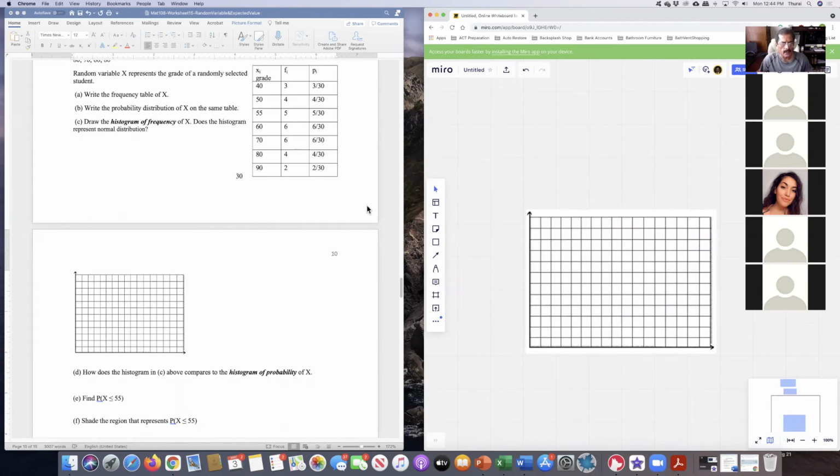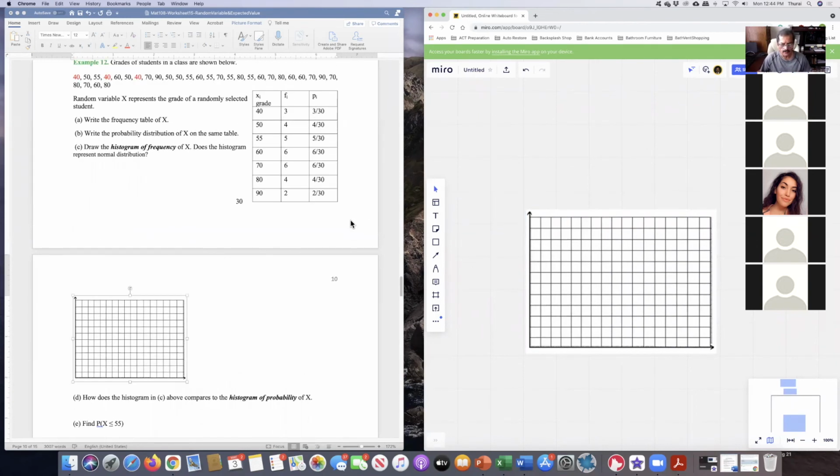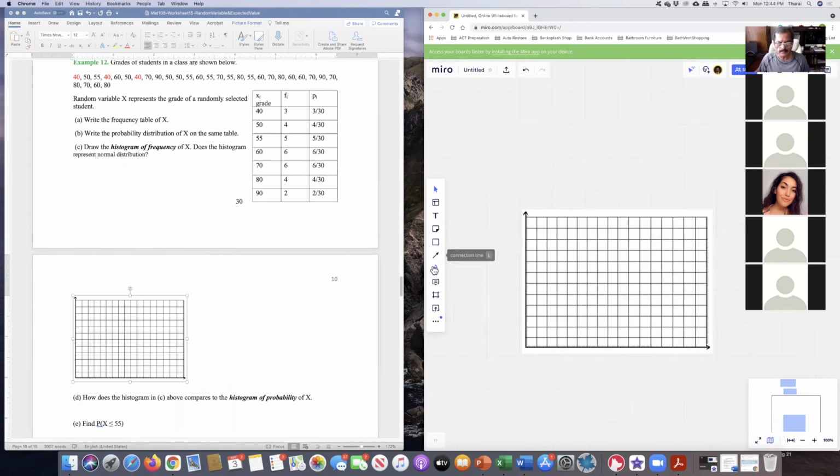For the first one, I'm going to mark the frequencies on the y-axis. So the y-axis represents F. You need to say F goes on the y-axis and the grades, or values of the random variable, go on the x-axis. And the first one is 40.